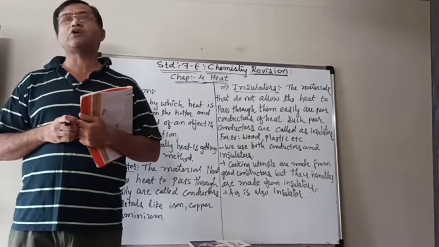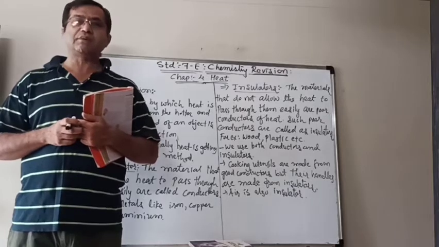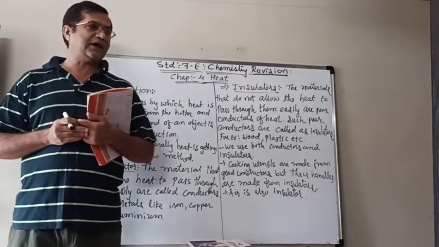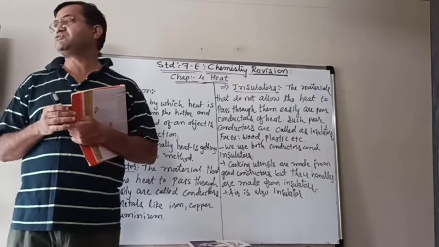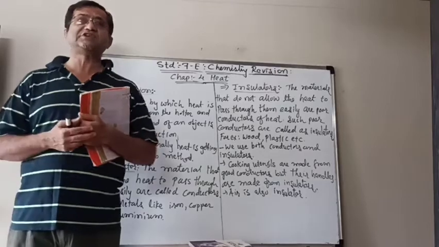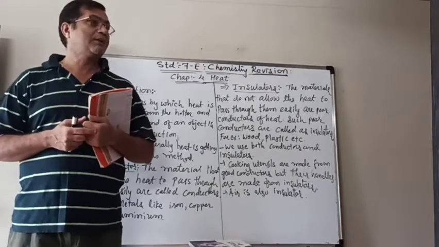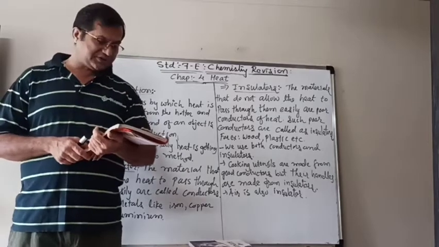We also talked about the maximum minimum thermometer, and that in place of the clinical thermometer nowadays we use the digital thermometer, which does not use mercury and gives an accurate measurement of the temperature.